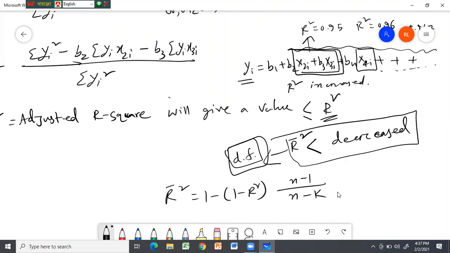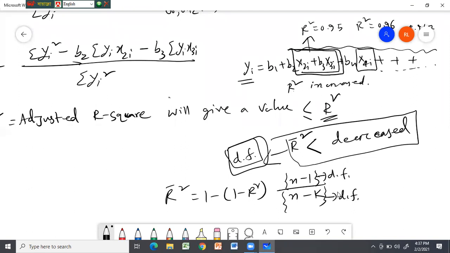This n minus 1 is your degrees of freedom. This n minus k is also your degrees of freedom. Okay, these two degrees of freedom in both numerator and denominator portion have been considered in the calculation of the adjusted R square value.